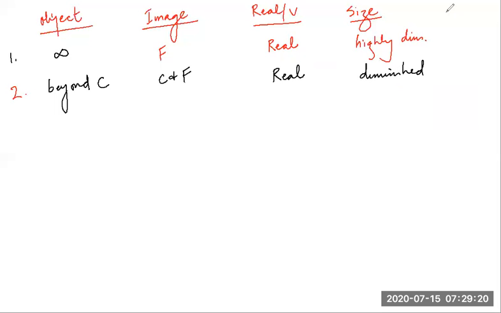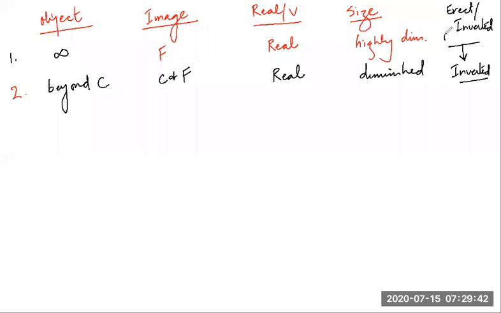And now there's one more column, whether it is erect or inverted. Any image which is made below the principal axis like this is inverted. So this is inverted. In the first case, you cannot say this is erect, and you can't say it's inverted. Why?